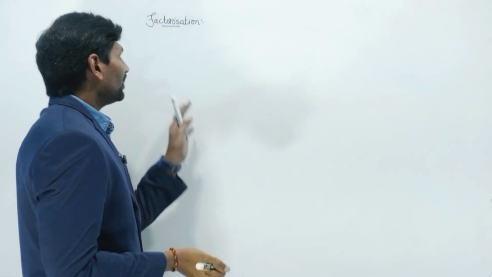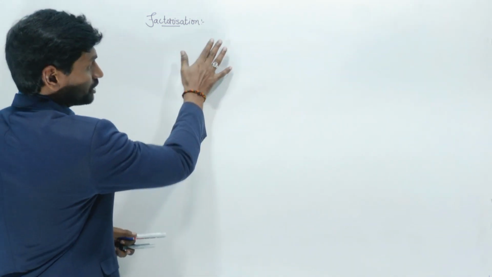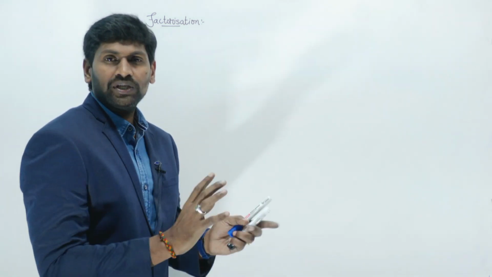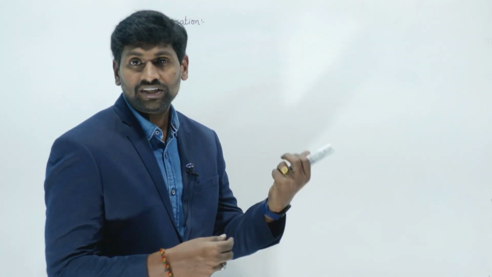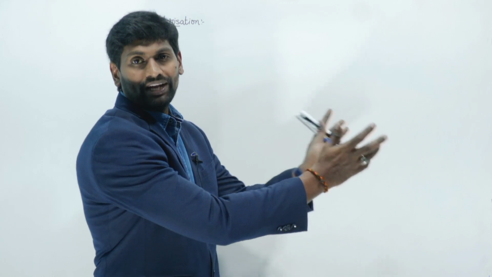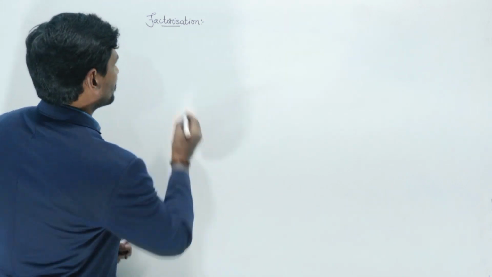Product of factors. That is nothing but factorization. So writing an algebraic expression, which could be binomial or trinomial, as a product of factors is called its factorization. Okay? So let us see one example based on this.